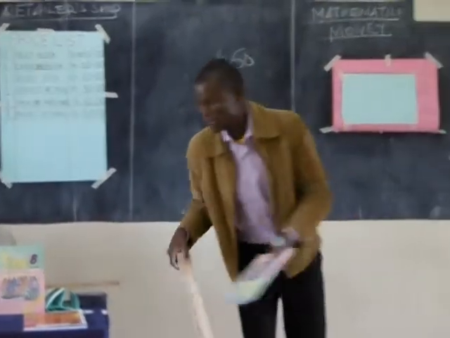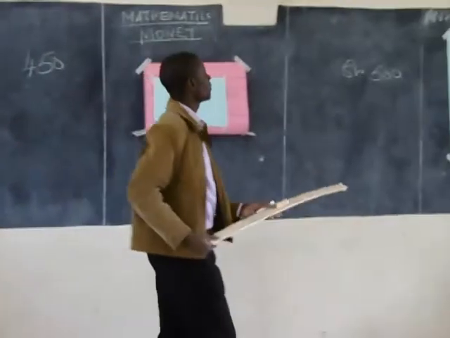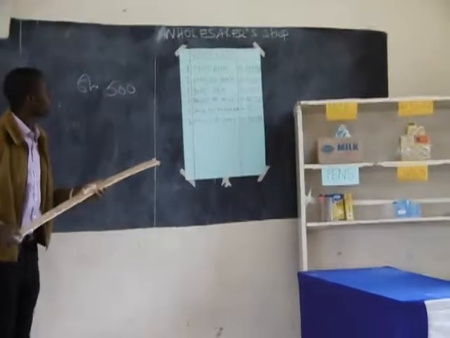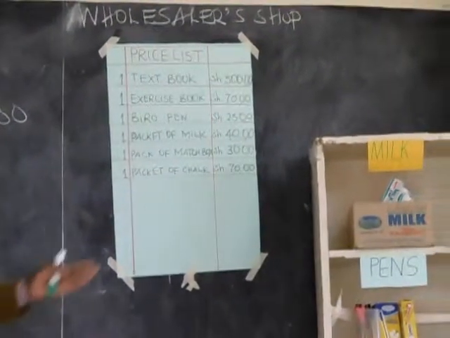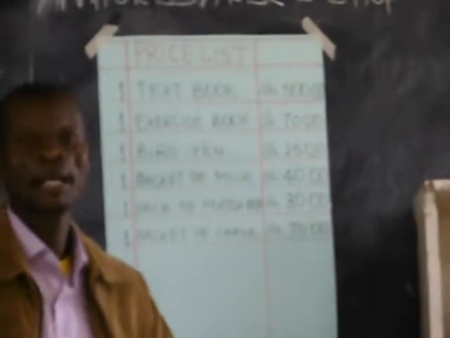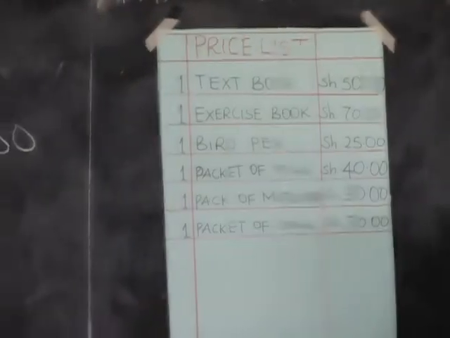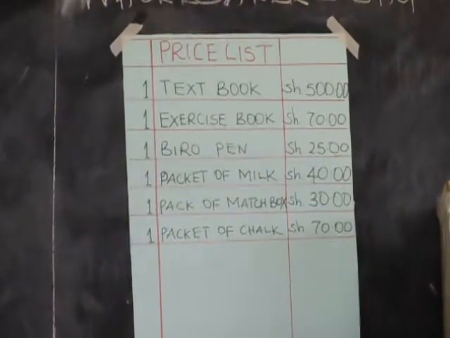Now, going back to the same point, where he bought the book by paying 500 shillings, remember, the amount of money he paid when he was buying the book from the wholesaler is referred to as the buying price.